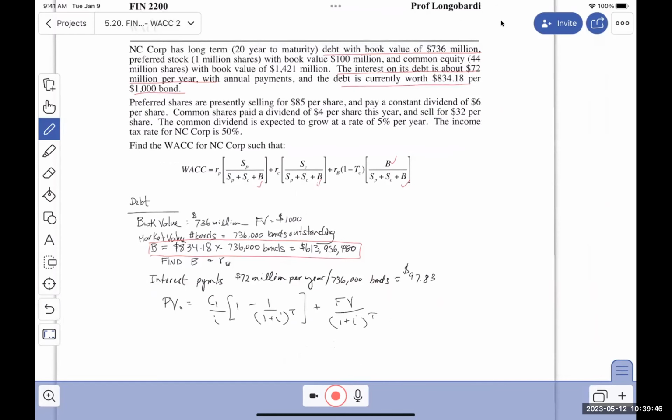The price is currently $834.18. The payment is $97.83, and this is RB in here. And how many years is this? And what are the payments? Annual, right? So I can just write it like this.